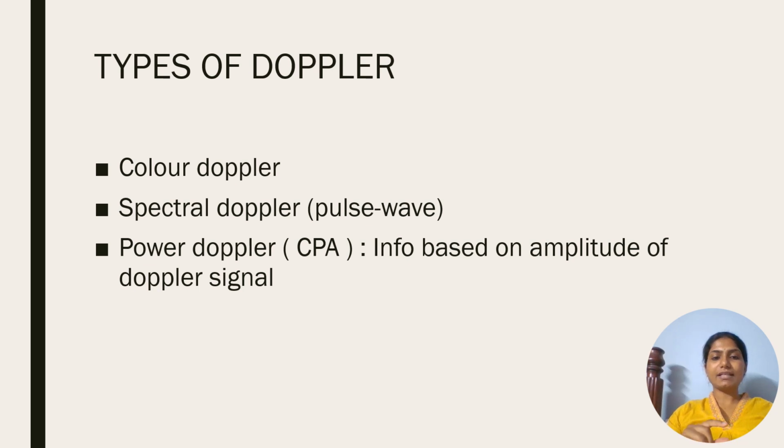This is called power Doppler, and it usually has a single color, unidirectional. It cannot tell whether flow is towards the probe or away from the probe. But recently there is also a bidirectional power Doppler. It is also called color power angiography, which detects the deeper vessels with low signals.